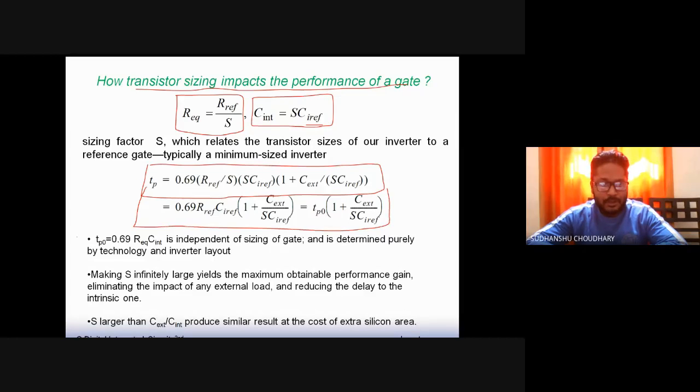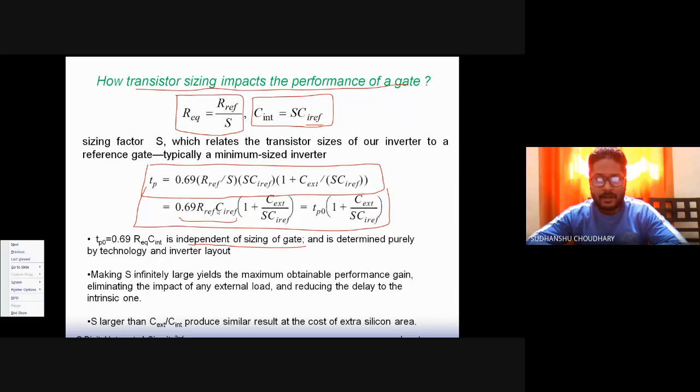Here you will find that TP naught, the intrinsic delay, is independent of sizing of the gate, because TP naught is only up to this much. It has nothing to do with the size; no sizing factor appears over here. So intrinsic delay is independent of the sizing of the gate, and it is determined purely by the process technology and the inverter layout.